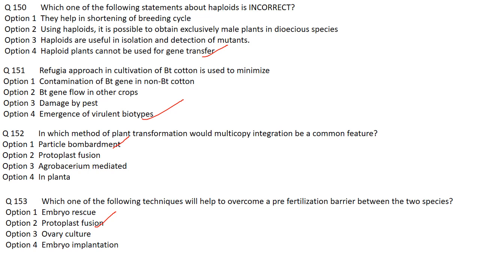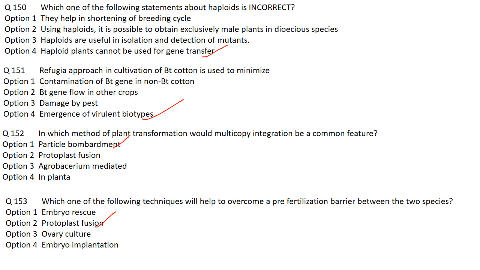So it is necessary to plant 20% refugia crop, that is non-BT cotton, around this BT cotton for maintenance of BT cotton resistance against the bollworm. So refugia approach in cultivation of BT cotton is used to minimize emergence of virulent biotypes. Answer is option 4.